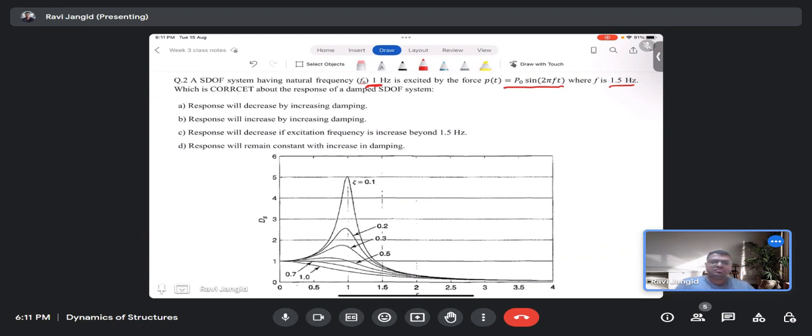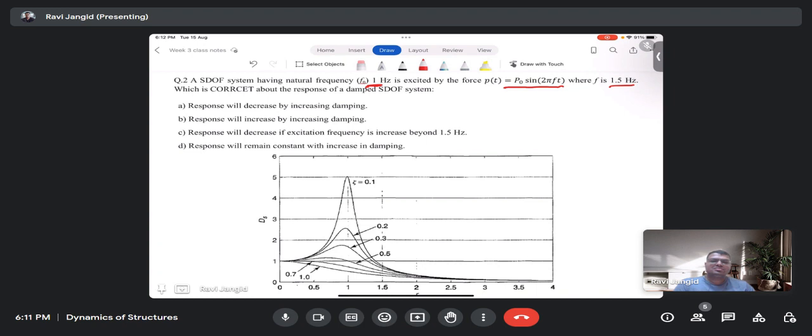Response will decrease actually, if the forcing frequency is higher. The dynamic response will decrease. How can you say? If my omega n is a constant, and my omega is increasing, then the ratio omega by omega n, actually, see this 1.5 by 1, just above root 2.